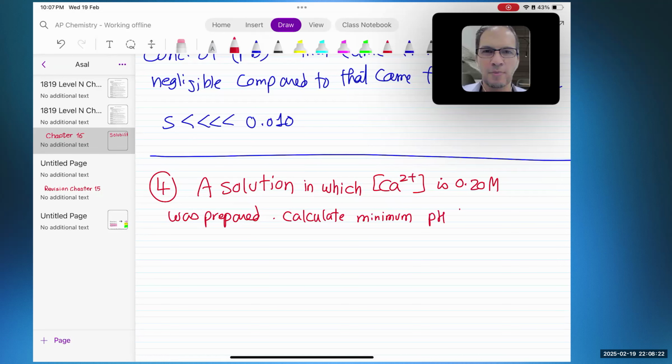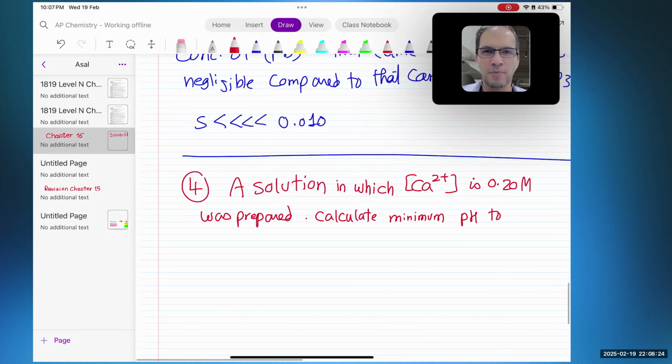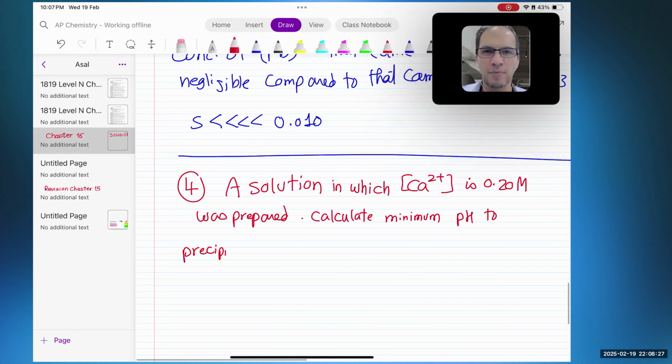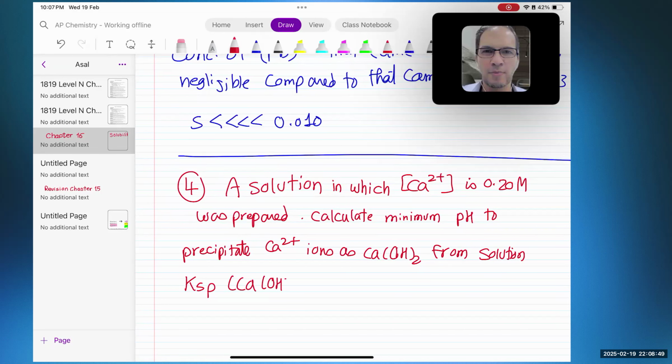Minimum pH to precipitate calcium ions as calcium hydroxide from solution, and he gave us the KSP of calcium hydroxide, which will help us to find the concentration, 1.3 multiplied 10 to the power of -6.